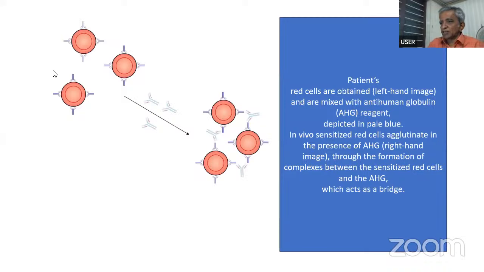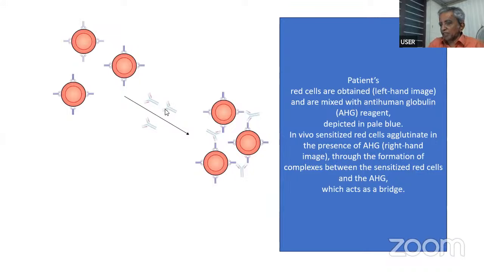Now regarding the test, you have the patient's RBCs coated with antibody that is circulating. Take them and mix them with antiglobulins, that is, antibody to these antibodies. This is the bluish color, I don't know whether you can see it.